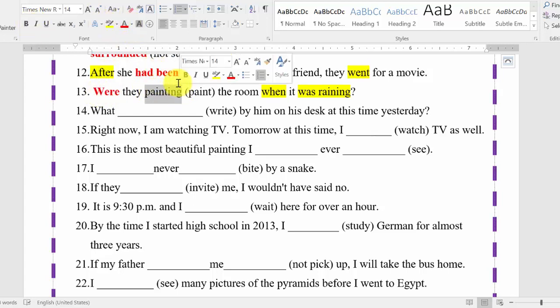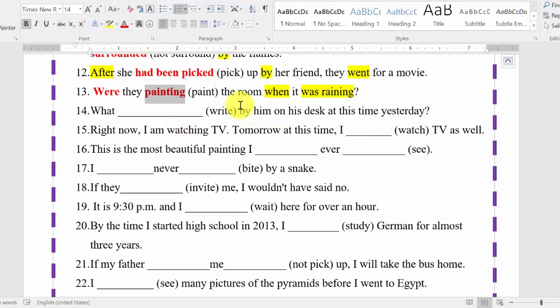Next one, 14. What by him on his desk at this time yesterday? So your keyword here is "at this time yesterday". When you see "at this time yesterday", a specific time in the past, we should use past continuous tense. And you have a "by" here, which shows that it should be passive form.